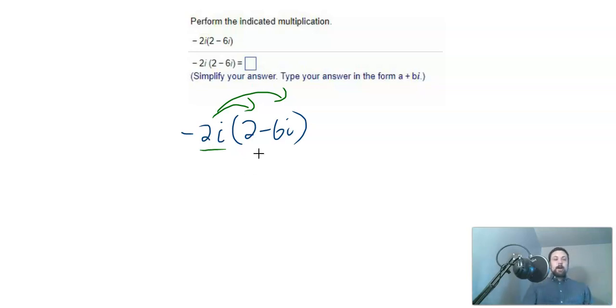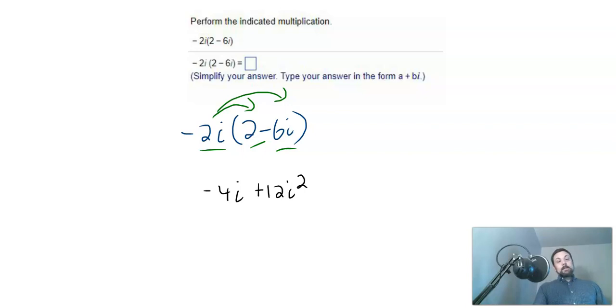There's one term there, and then there's two terms here, but we'll just distribute in that case. We don't do first, outer, inner, last in this situation. So what we'll get is negative 2i times 2, which is going to be negative 4i, and then negative 2i times negative 6i, which will be positive 12i squared.